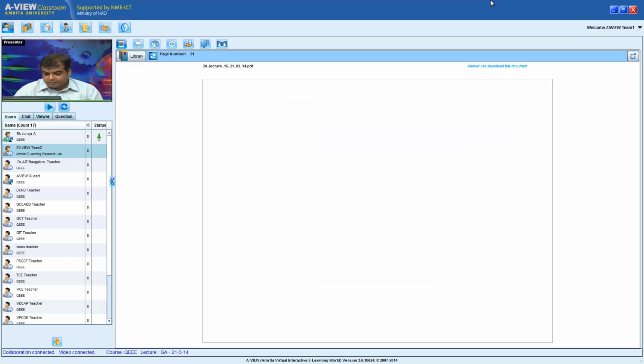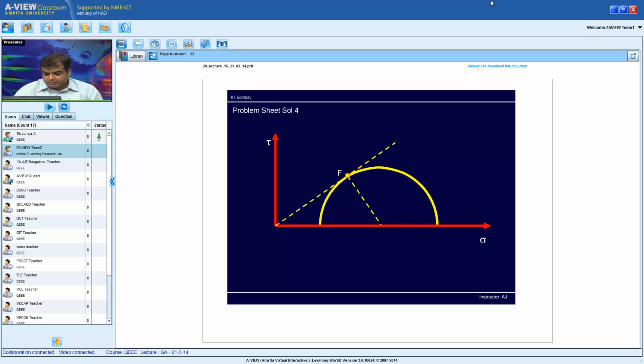Let me go to the current slide. So for the in situ case, I know my sigma 1 value is 65, that's over here. My sigma 3 value is K0 times 65, so K0 is 1 minus sin phi prime, where phi prime is 32 degrees.